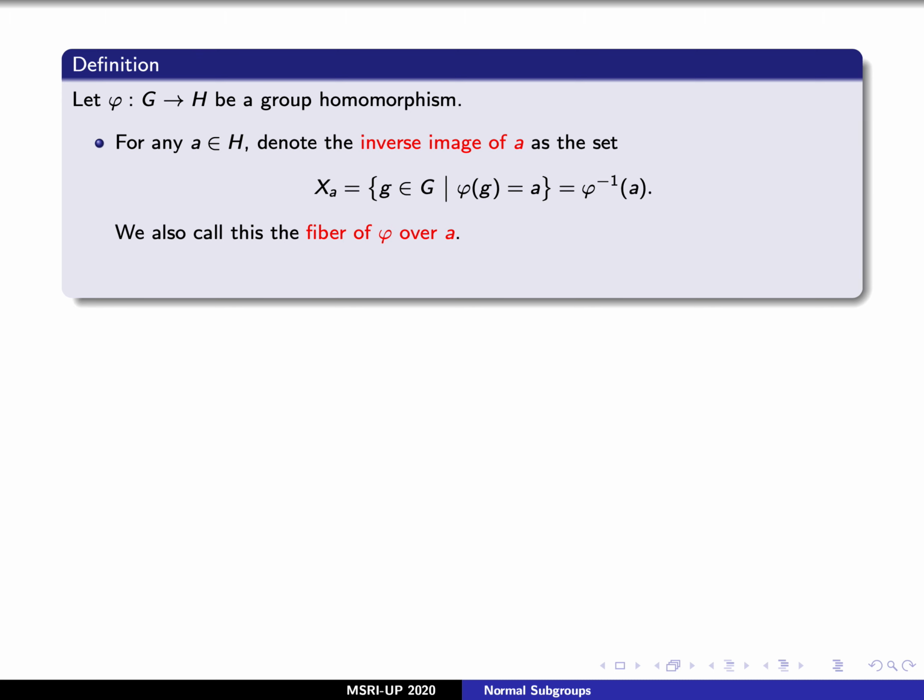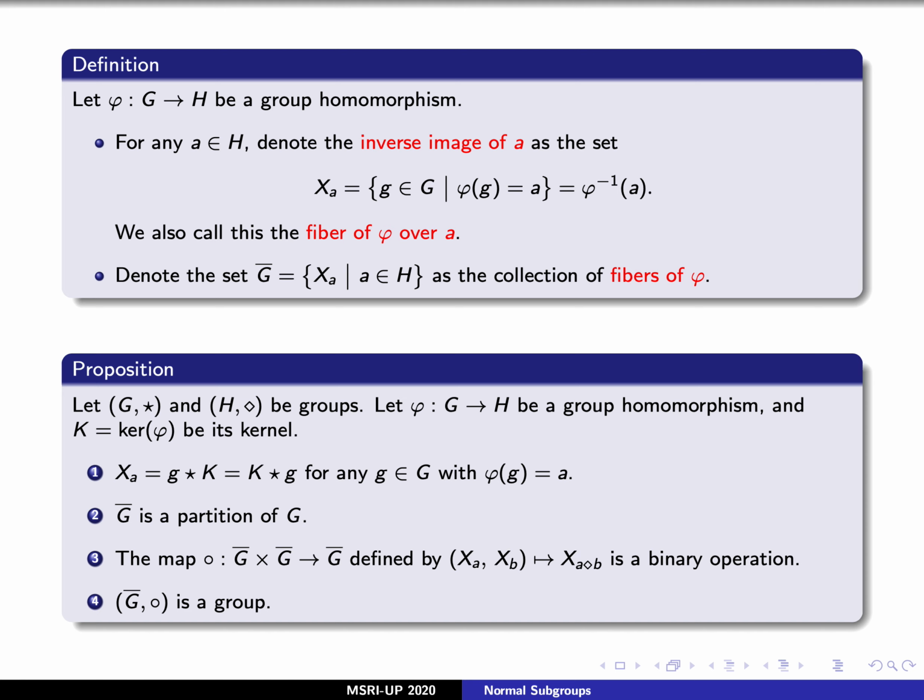This is a subset of our group G. We'll denote Ḡ as simply the collection of such fibers. That is, as we let a range over the codomain H, we'll consider the collection of all X_a. We'll call this the collection of fibers of φ. Soon, we'll try to turn this collection of fibers into a group itself.